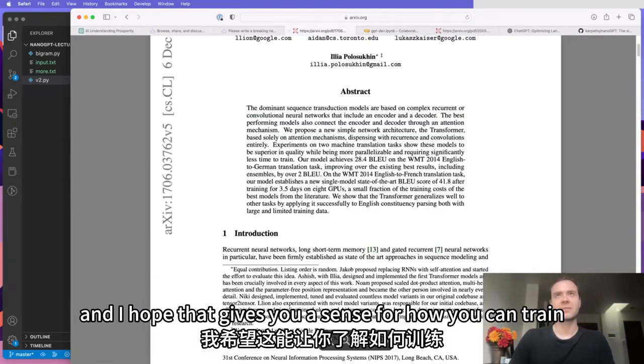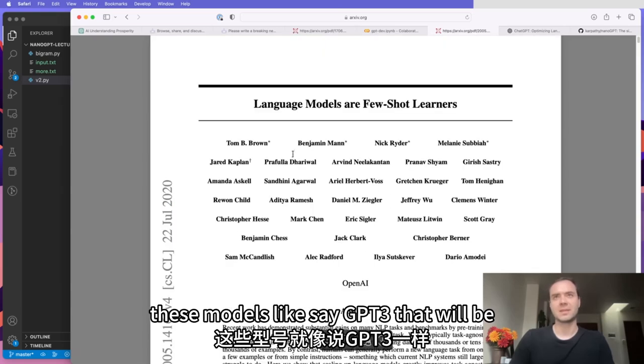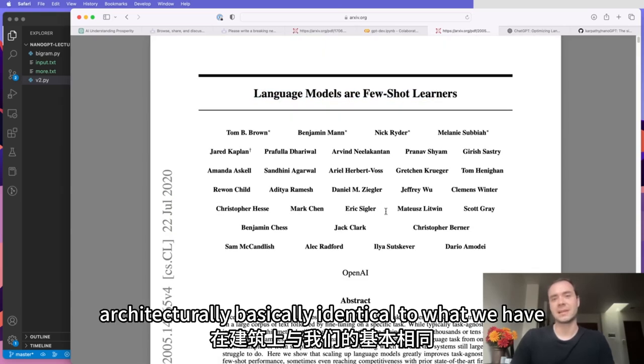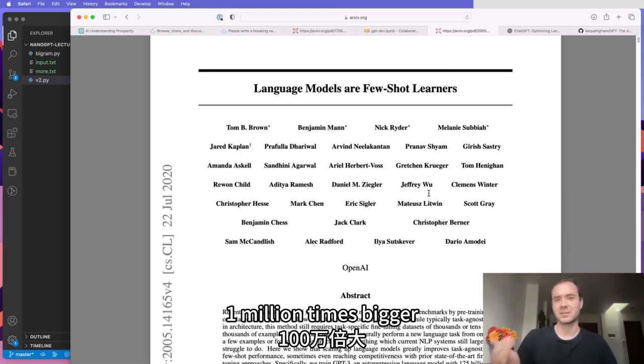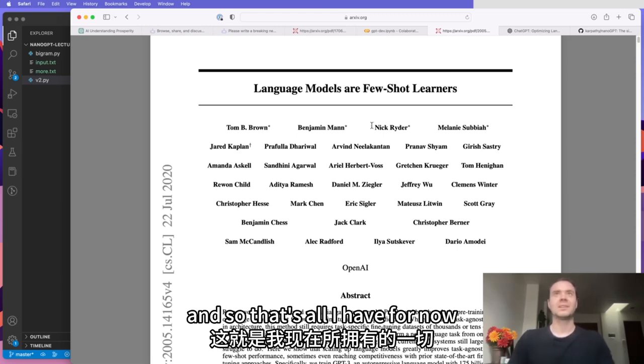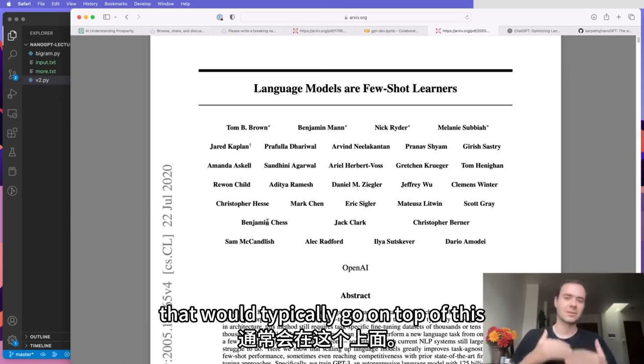And I hope that gave you a sense for how you can train these models like, say, GPT-3, which will be architecturally basically identical to what we have, but they are somewhere between 10,000 and 1 million times bigger, depending on how you count. We did not talk about any of the fine-tuning stages that would typically go on top of this.